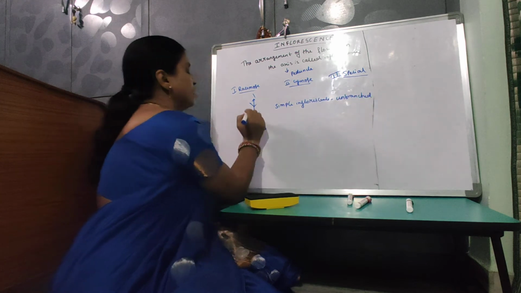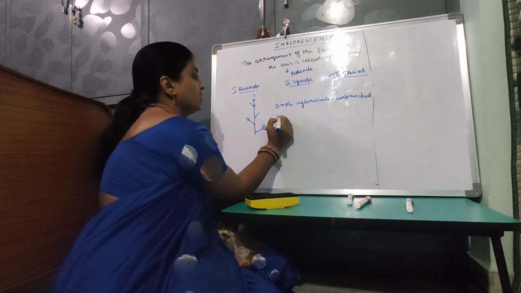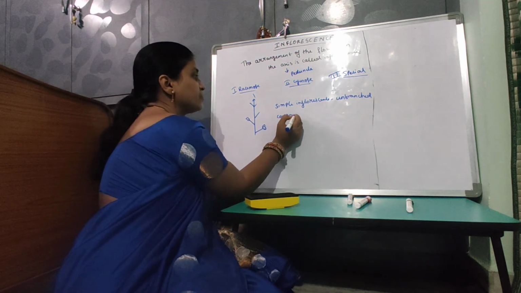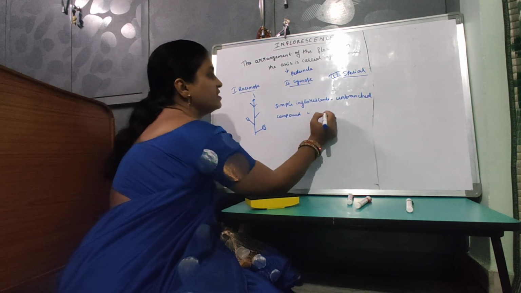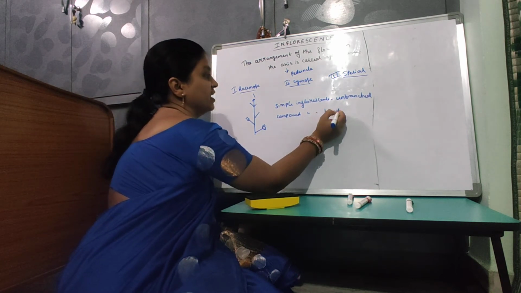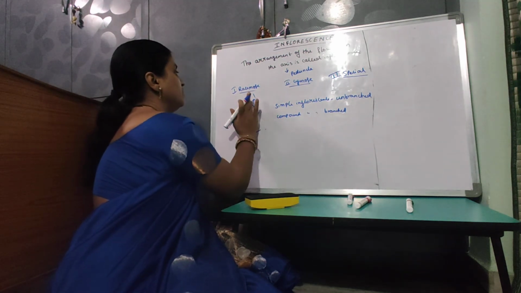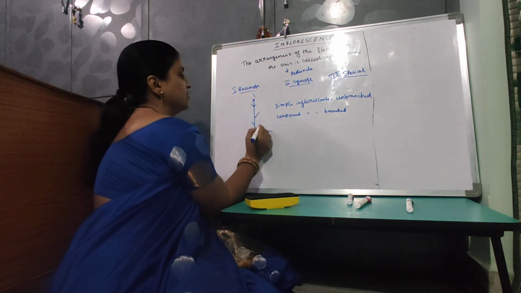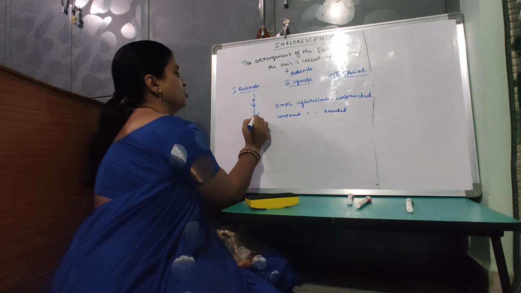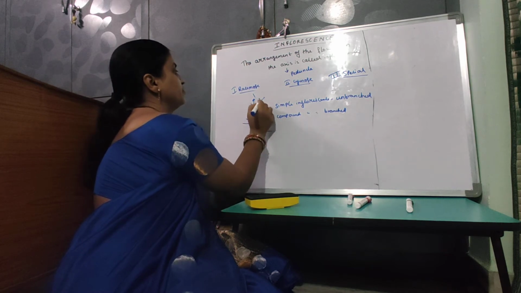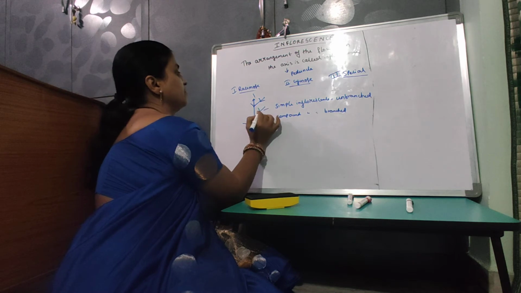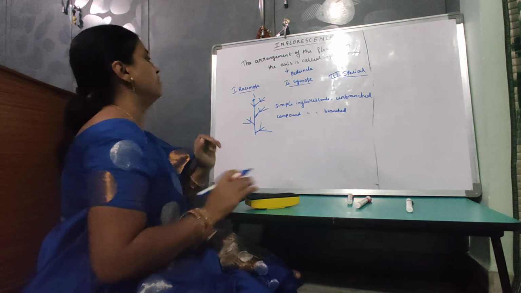If the peduncle is unbranched, it is a simple inflorescence. If the peduncle is branched, it is a compound inflorescence, like this.